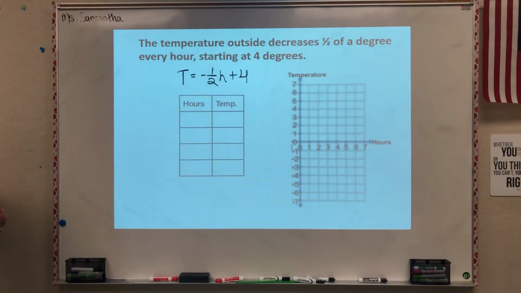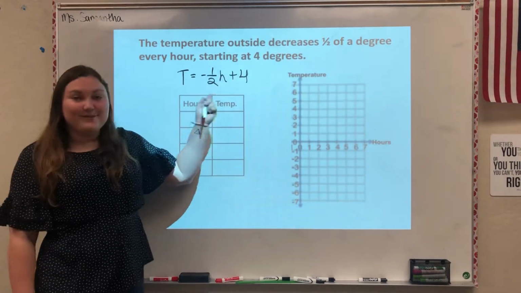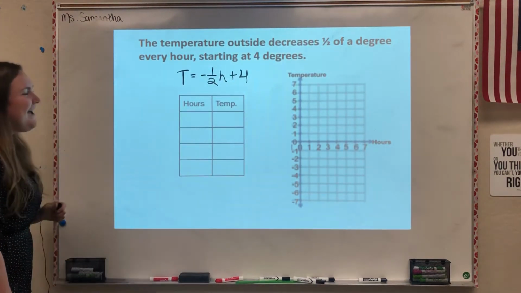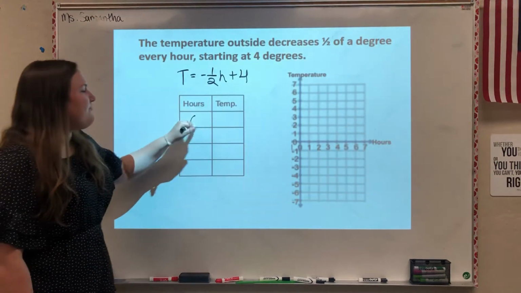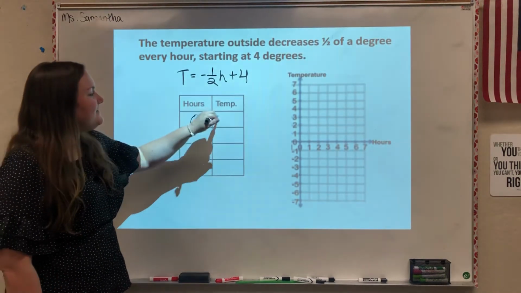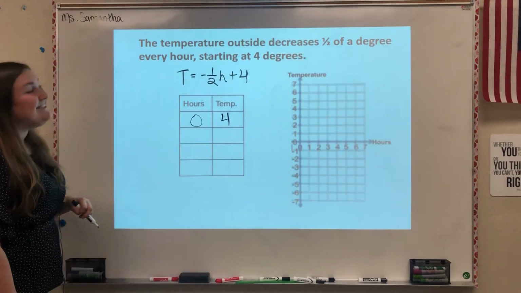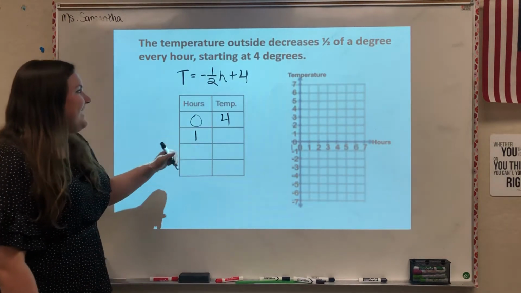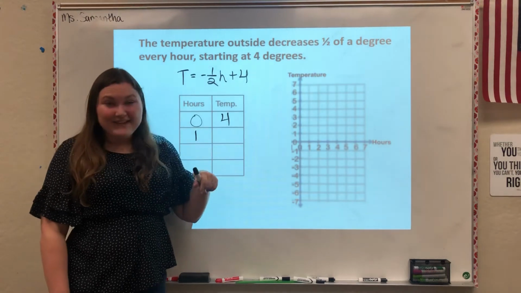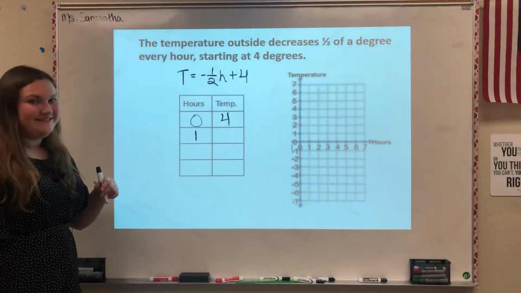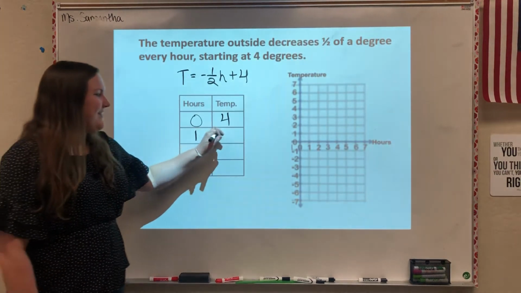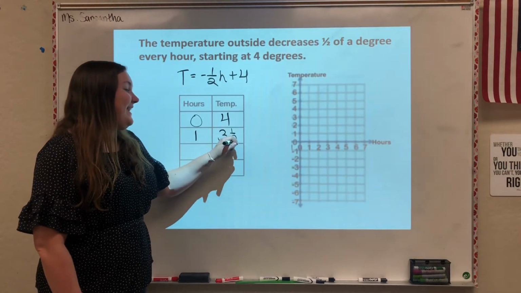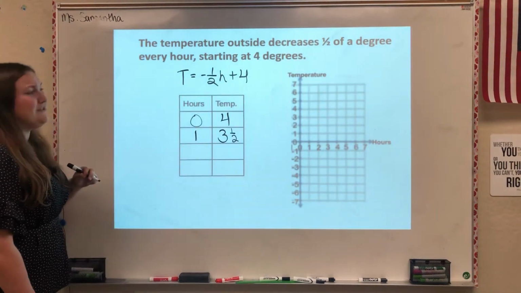Now using that information, it's a little scarier because there's a fraction in there, but the idea is the same. Our starting point at hour 0 was 4 degrees. It is decreasing 1/2 degree every hour. So after 1 hour, if it has decreased 1/2 degree, what would that be? It would be 3.5 degrees.